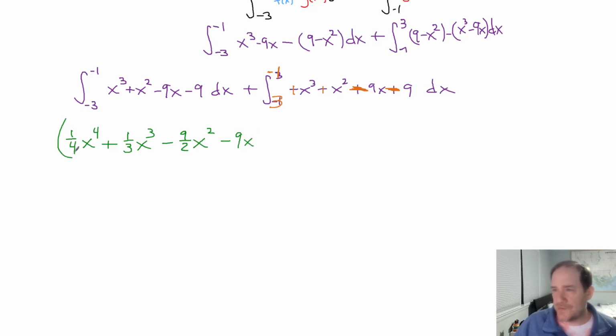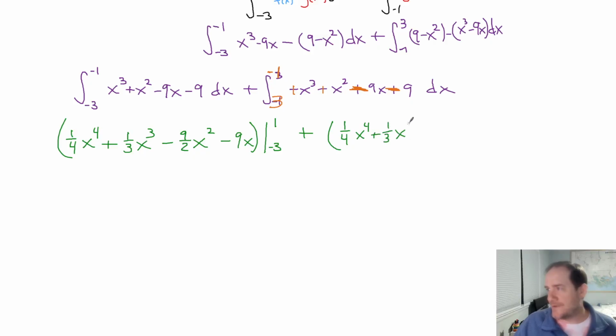And of course, I need to evaluate this whole thing on the interval that goes from -3 to -1. And then I got to add to it the exact same antiderivative. So again, 1/4 of x to the 4th plus 1/3 of x to the 3rd minus 9/2 x squared minus 9x, evaluated from, this time 3 to -1.